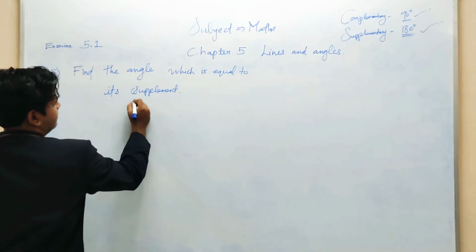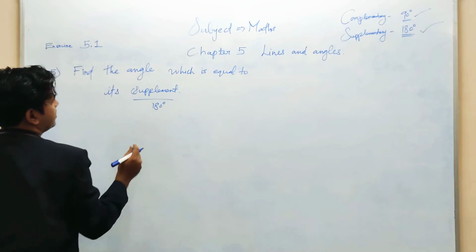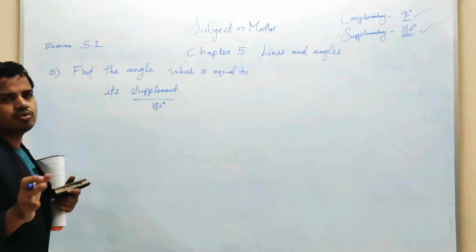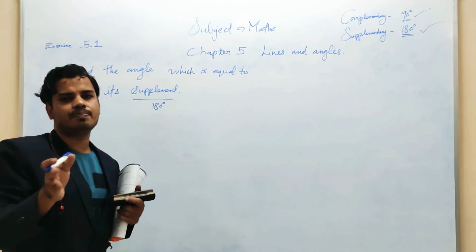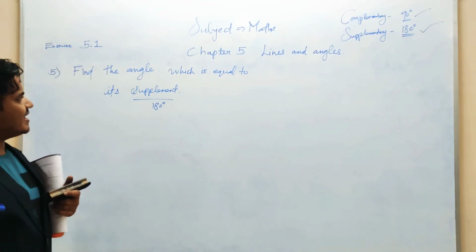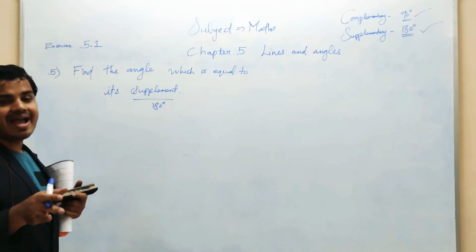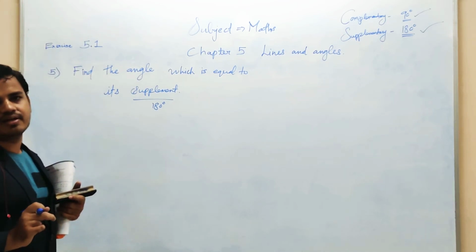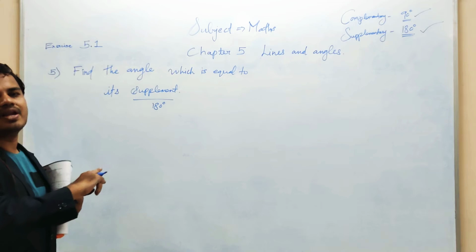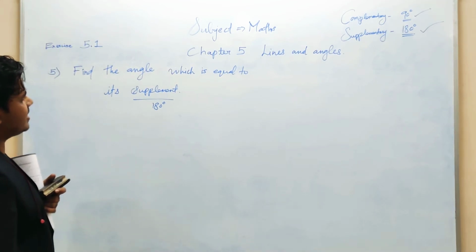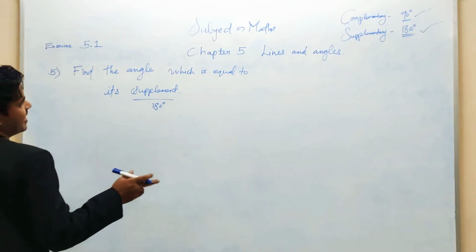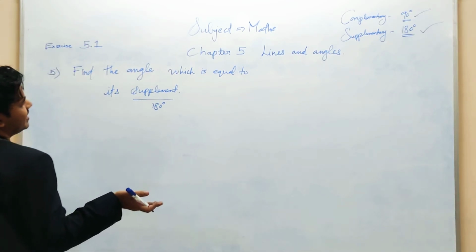So here supplement means 180 degree. Here also same case, we have to find out such an angle whose supplement will be 180 degree. We have to find out an angle which is equal to its supplement. In the earlier example it was complement, that is 90 degree, and in this example it is supplement. We have to find out such an angle which is equal to its supplement.